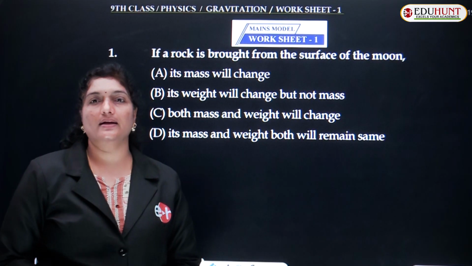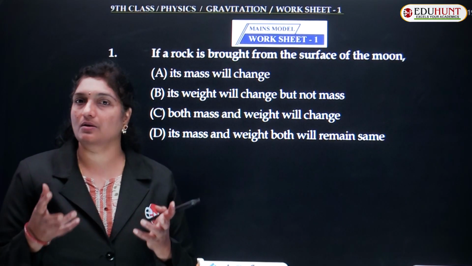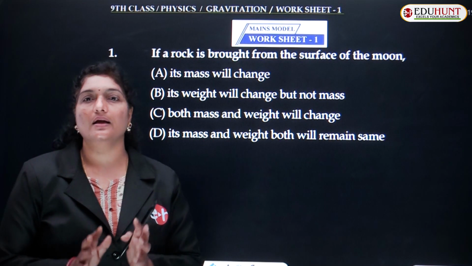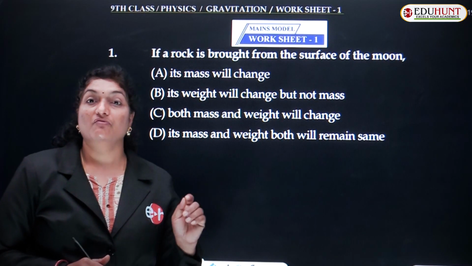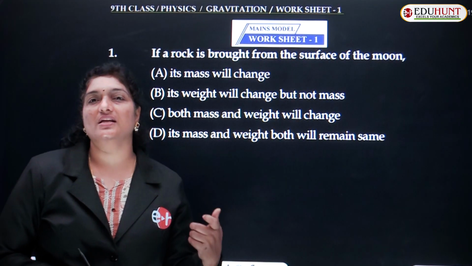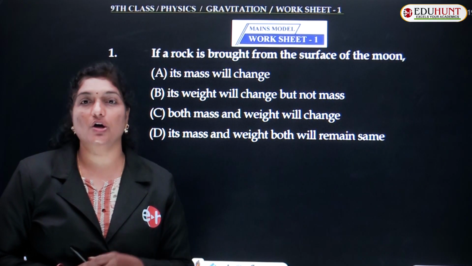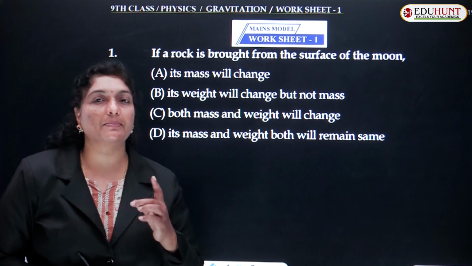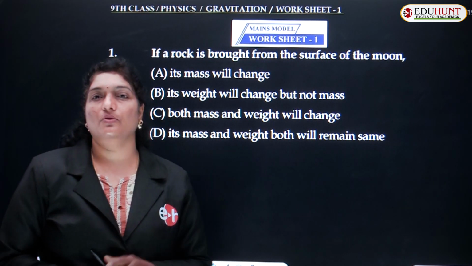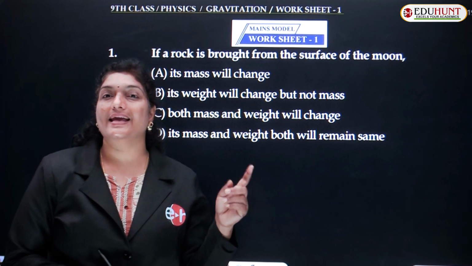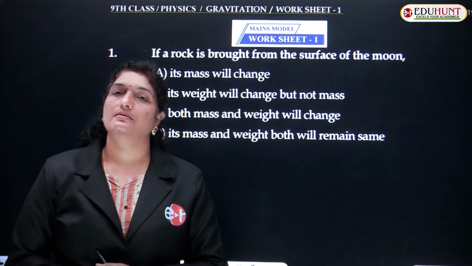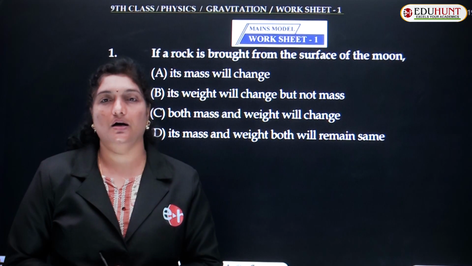Children, as we know, the mass of a body is always constant. Mass of a body never changes. It is fixed. But the weight of a body changes due to the change in acceleration due to gravity or gravitational force. Remember children, the acceleration due to gravity on the surface of the moon is 1/6 of that on the surface of the earth.